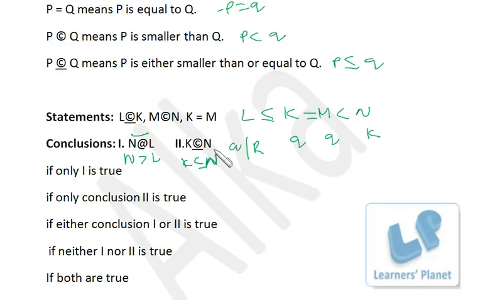And K is less than or equal to N. K is definitely not equal to N. It's less than N, right? K is king, queen, and N is king. So this we cannot say, right? Less than or equal to, no. It should be absolutely less than. So only one is true.